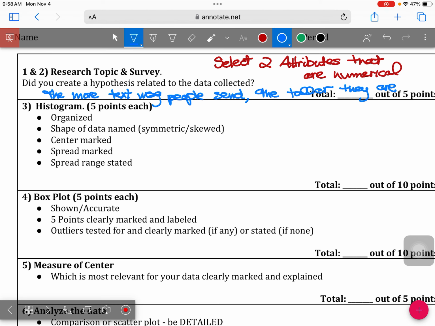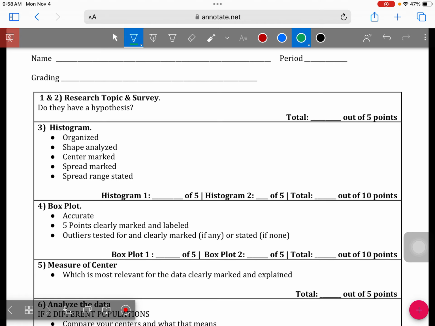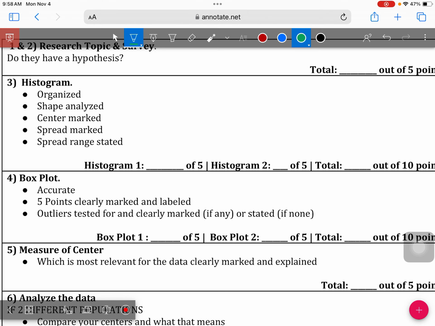Okay? All right. Histograms. Because you have selected two different attributes, you are going to have two histograms. And I see I did this on the wrong page. Two histograms. So let me move over to the correct page. Okay? Two histograms.